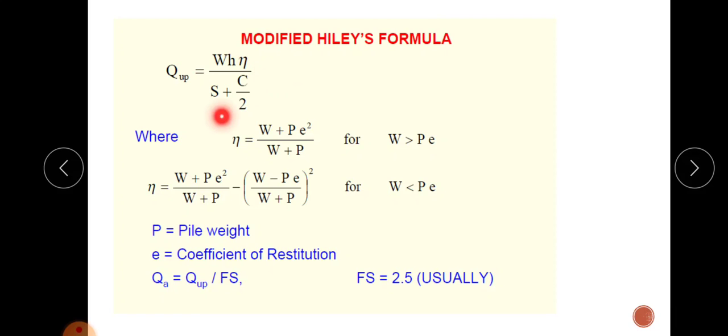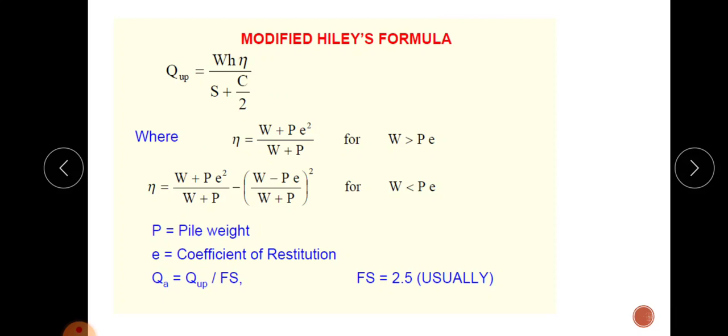S is the penetration of the pile per hammer blow, that is how much depth the pile penetrates using the hammer blow. C is a constant, and this constant varies with the type of hammer. For a drop hammer its value is 2.5, and for a steam hammer it is 0.25 centimeter.